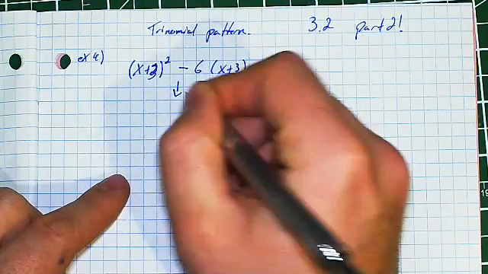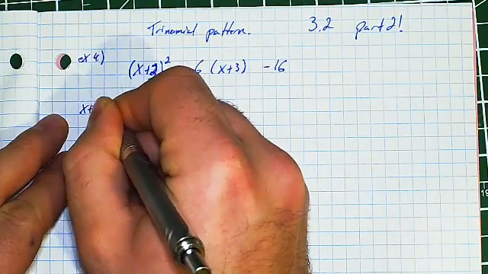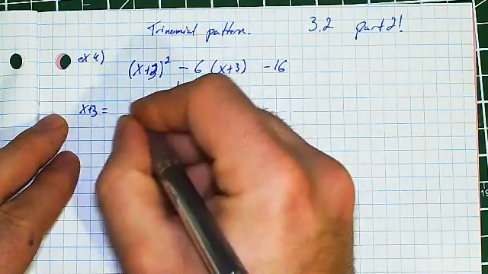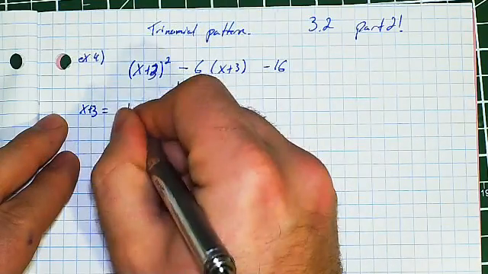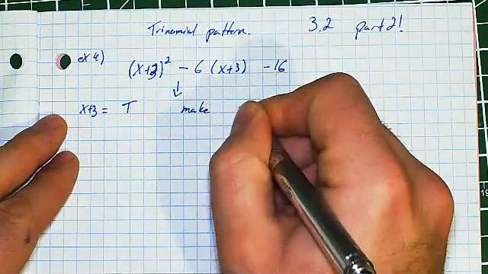So if I were to rewrite this, I'm just going to say that x plus 3 is going to equal some variable. Let's go with, I don't know, t.